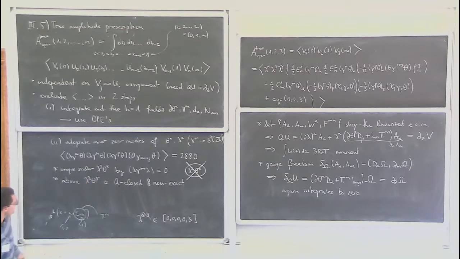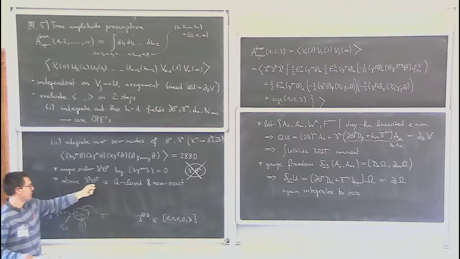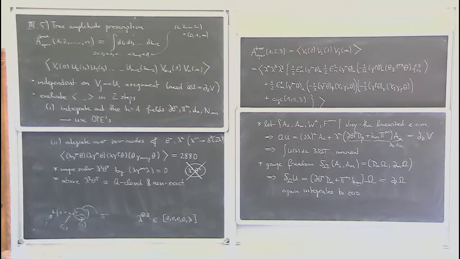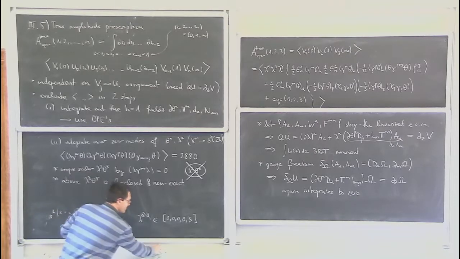So if you just scan all the choices, theta to the 0 all the way to theta to the 16th, compatibility with the cohomology forces you to take 5 thetas. I mean, that thing should be the only cohomology representative at ghost number 3.